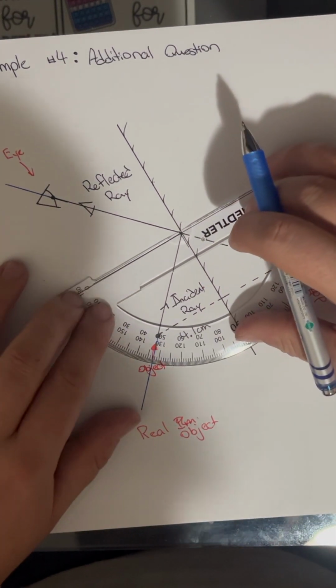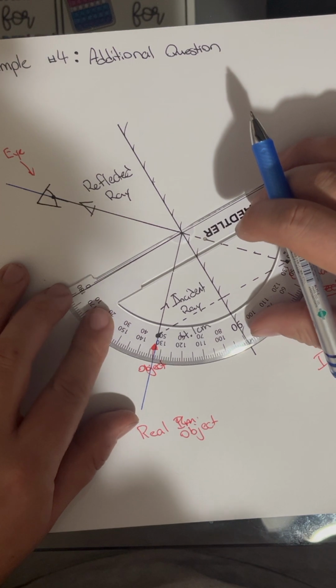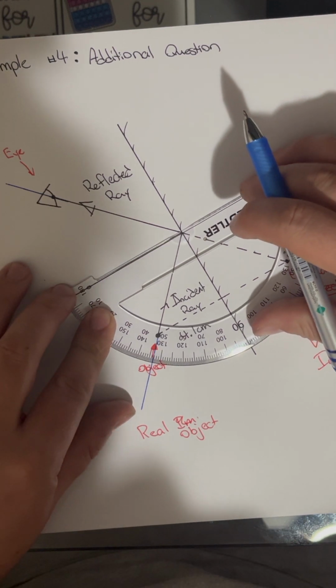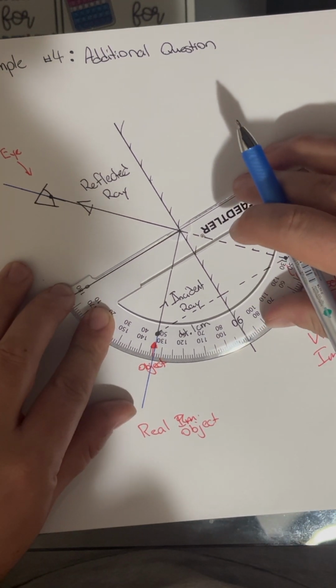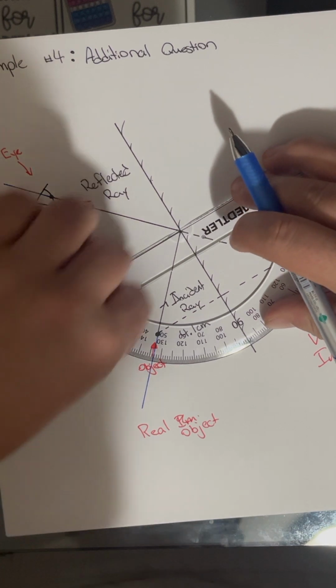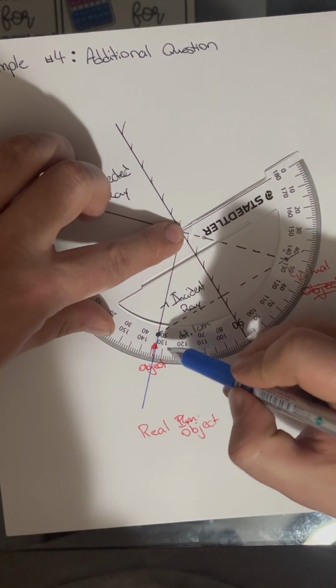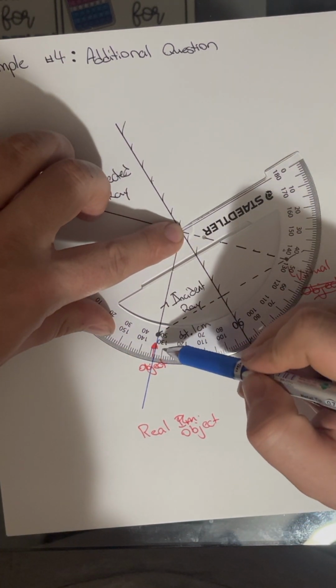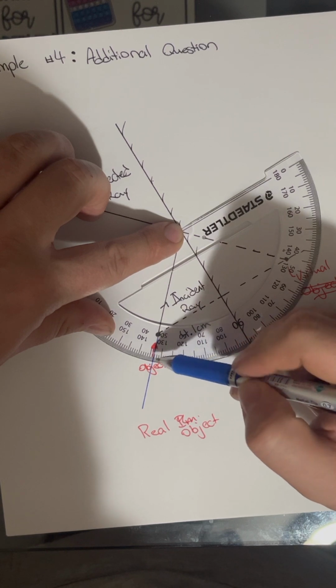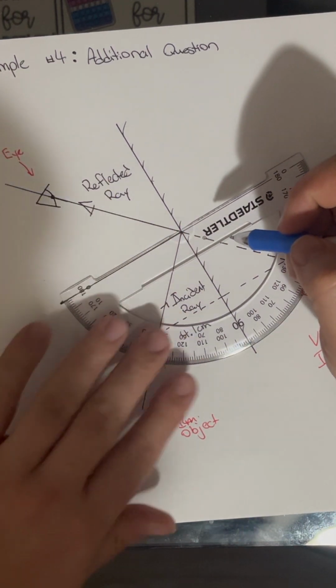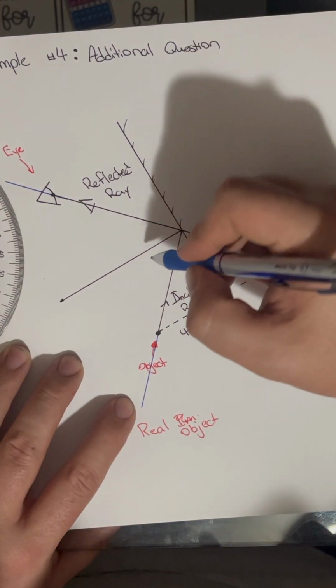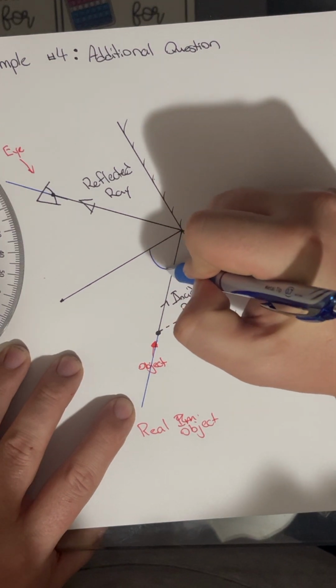Now I can line up my protractor, with the 0-degree line running right across my normal. It's going to come out and I'm going to see that this is 47 degrees. So my angle of incidence is 47 degrees.